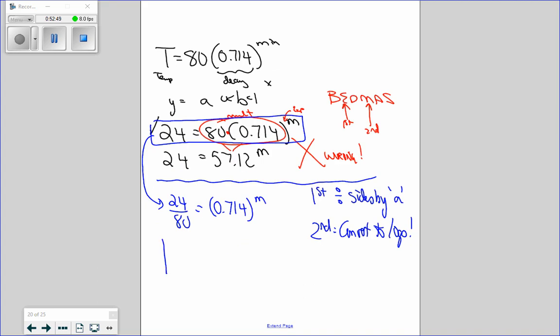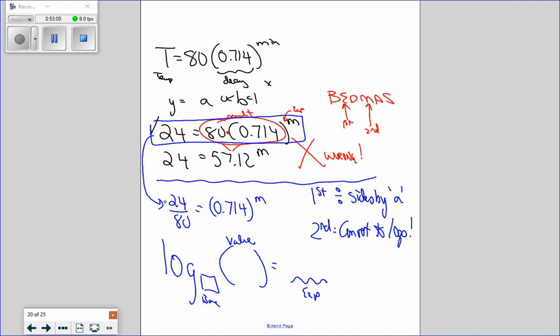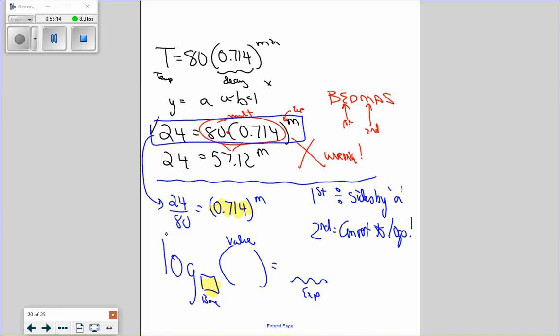So when you do this, I've got log base. So remember, this is the base, this is the exponent, this is the value. So in this equation here, which one is the base? Which one's the base? Right. Which one is the exponent? m. Yep.